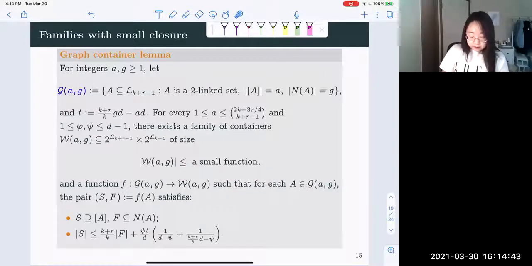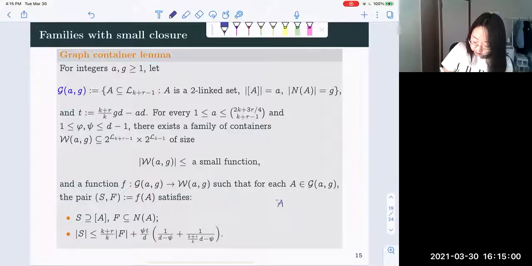So there is a function which maps each candidate A to a pair of sets, our container S and F, and S and F satisfy the following properties. You can see the relation: I have an A closure here, and S contains A closure.